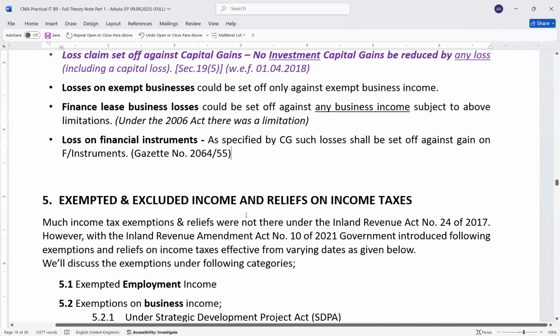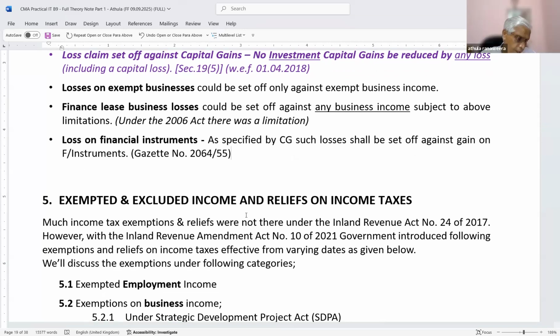On the last item, loss on financial instrument, can you give an example? Say there is a listed debenture. I bought it from the open market at 110 rupees. After a week, I wanted to sell it because I needed some money.